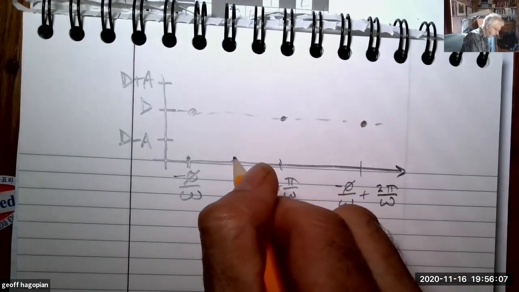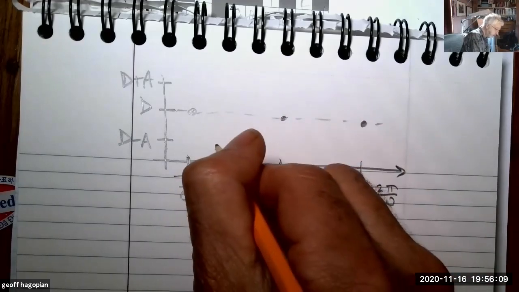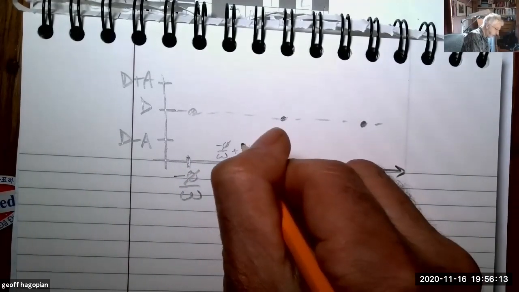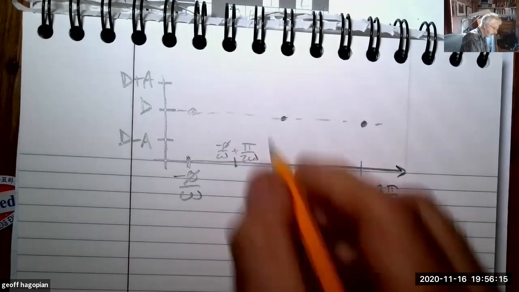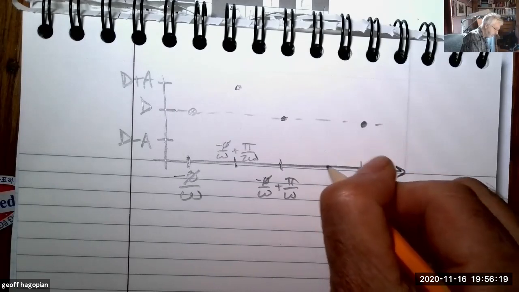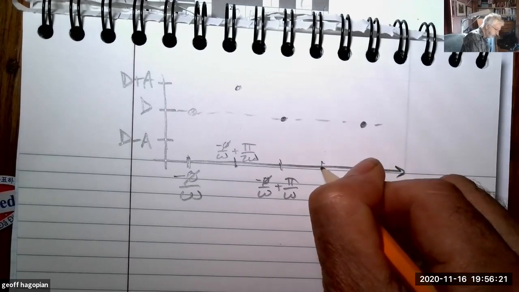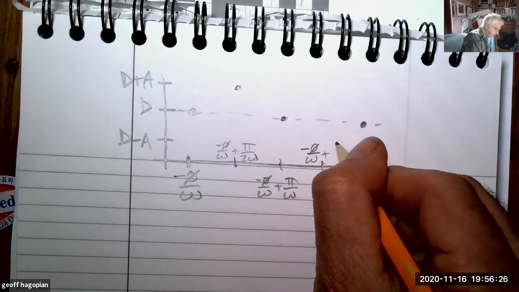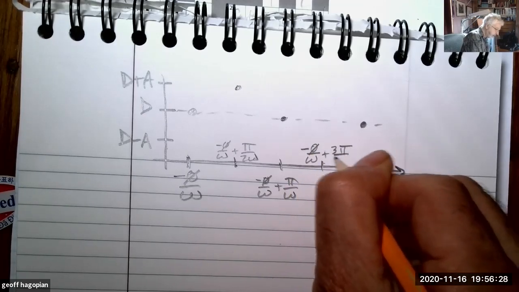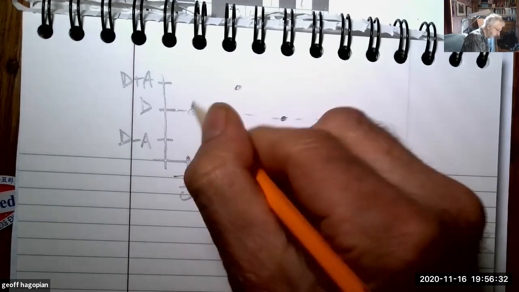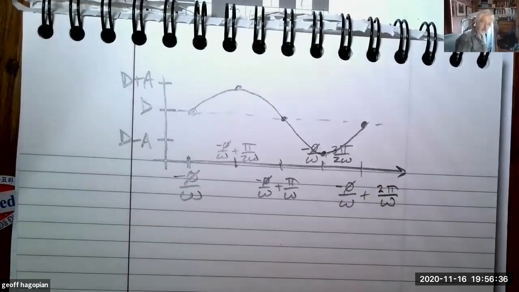At a quarter of the wavelength, which is negative phi over omega plus pi over twice omega, that's a quarter wave shift, you're going to be here at a peak. And halfway here will be negative pi over omega plus 3 pi over twice omega. Oh, great, right in the middle of my label. Bad planning. I get this waveform.